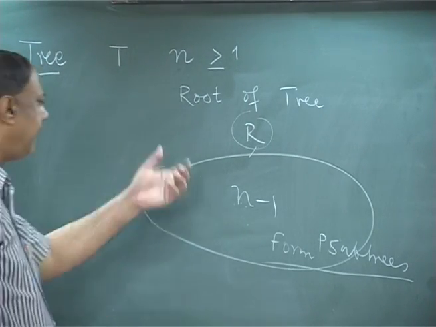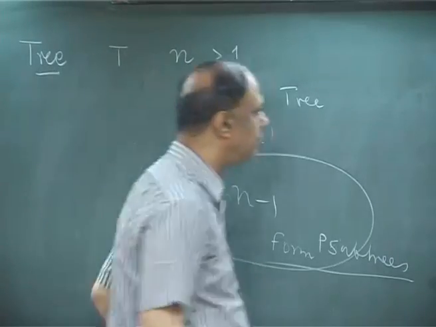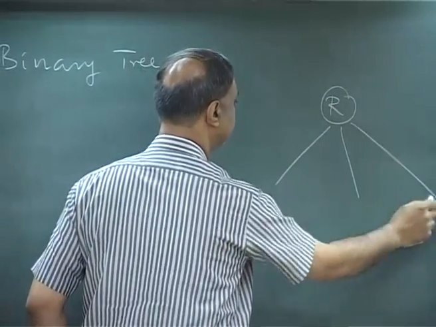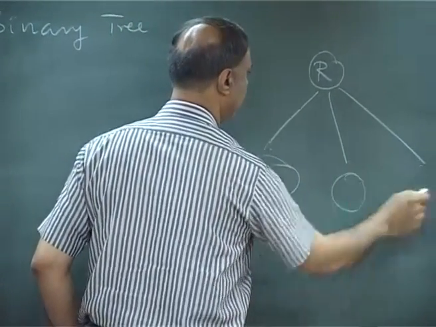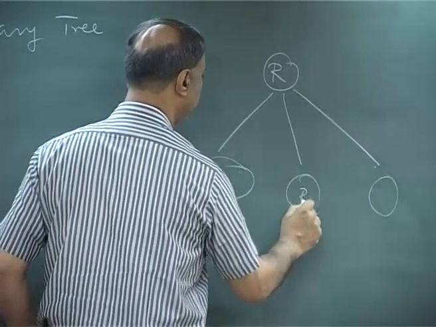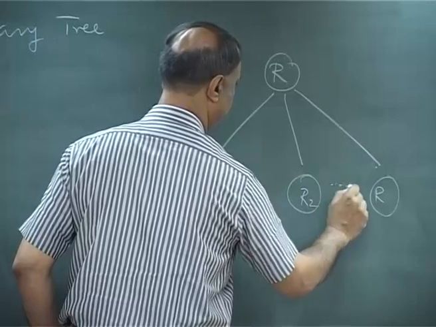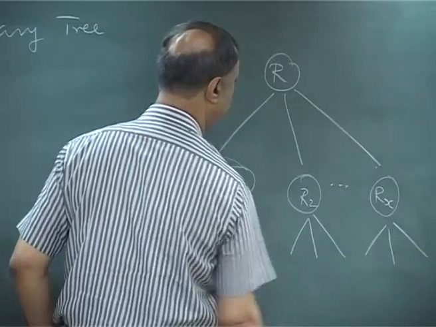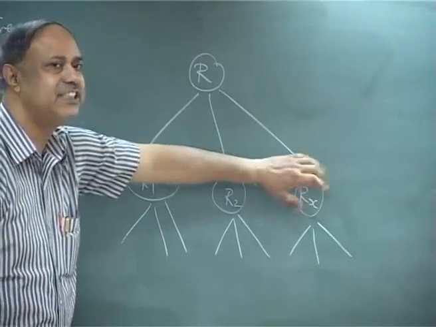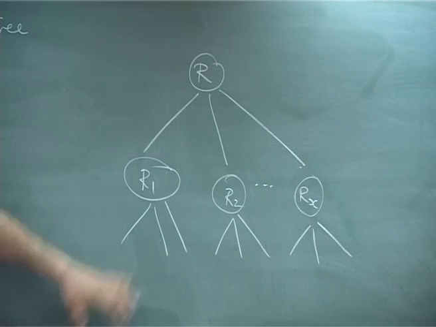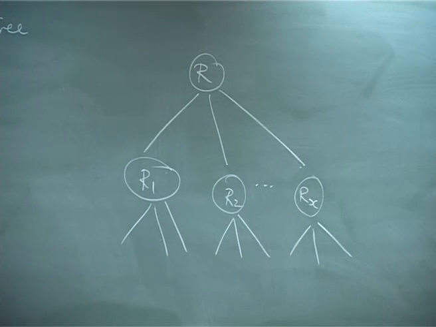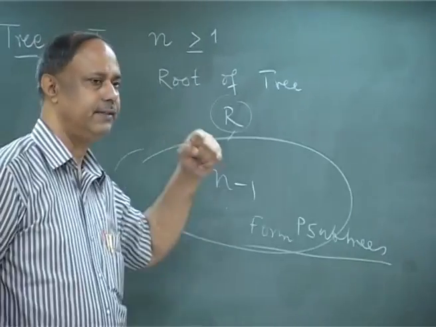So tree is basically, you have a root node R, under that maybe some other root node. So if I remove this, then you get X disjoint subtrees. If I remove this, you get again some number of subtrees and so on. The only condition is that there will be at least one node in the tree.